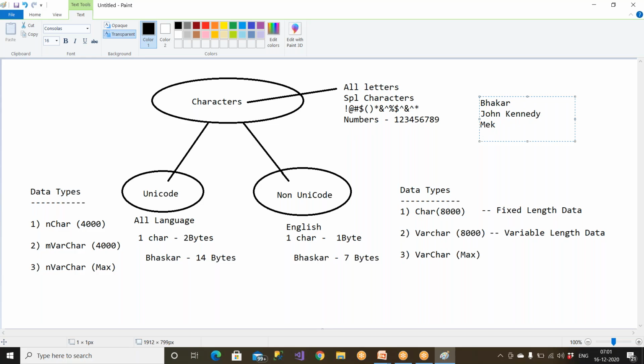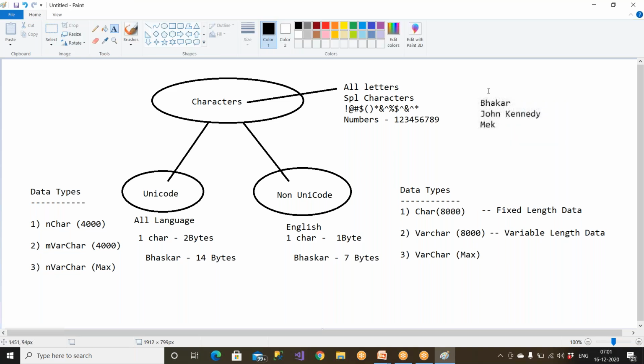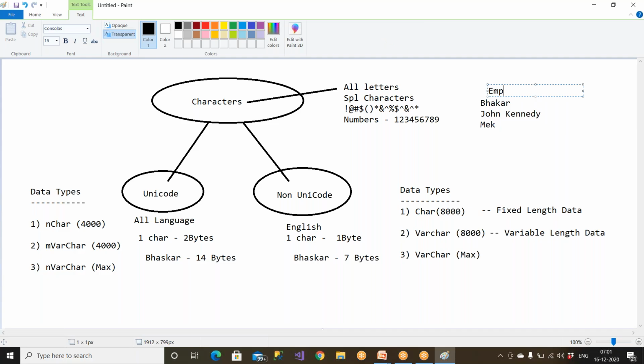So you may have 3 characters here, more characters here, fewer characters here. Different people will have different names, right? If the length of the data is not similar, then this employee name, or customer name, is called varchar data.